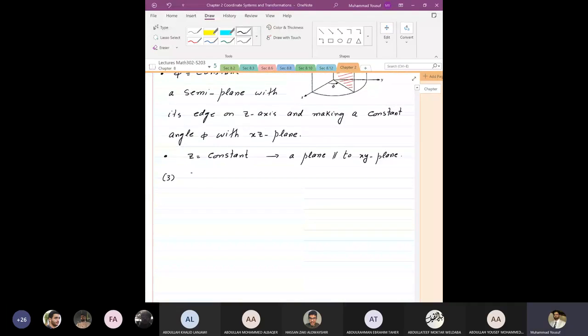Number 3, spherical coordinates. R, theta, phi. Okay.